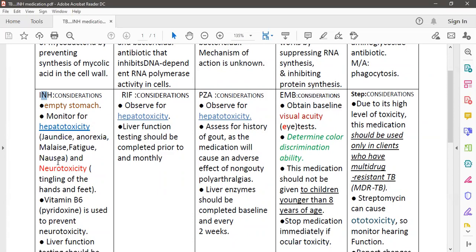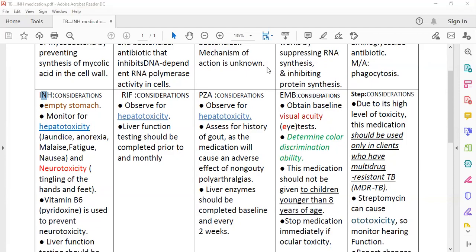So if your patient is prescribed INH or isoniazid, and they complain of abnormal sensation in the fingers, called a tingling sensation, it means the patient has developed peripheral neuritis or neurotoxicity.